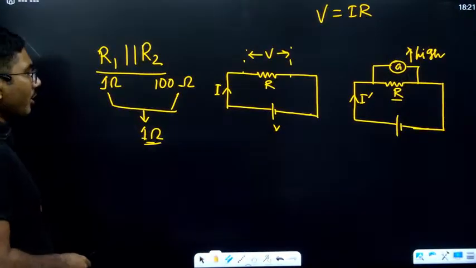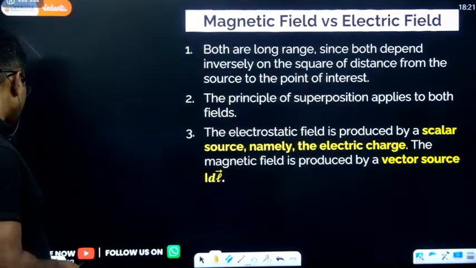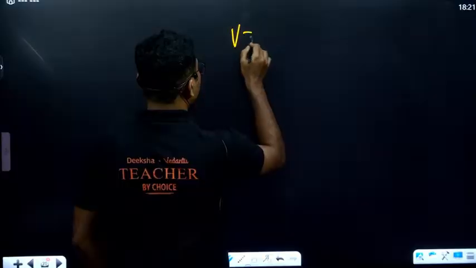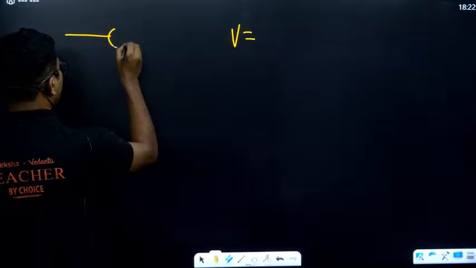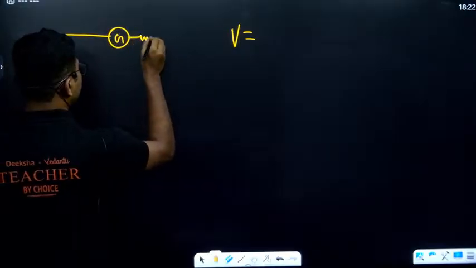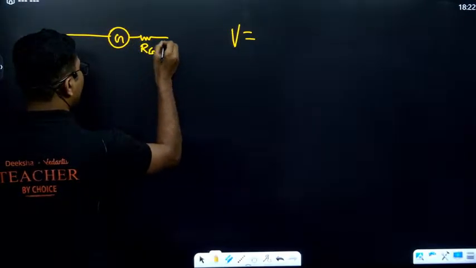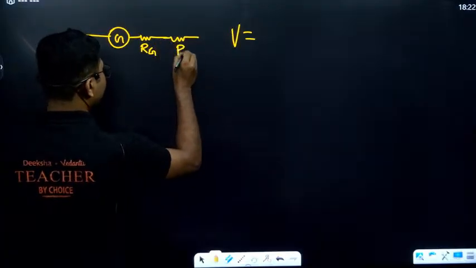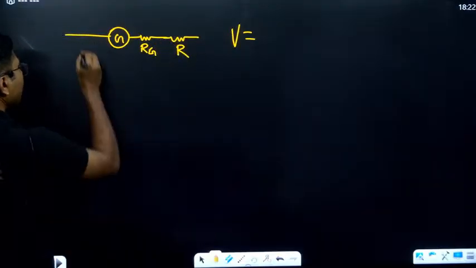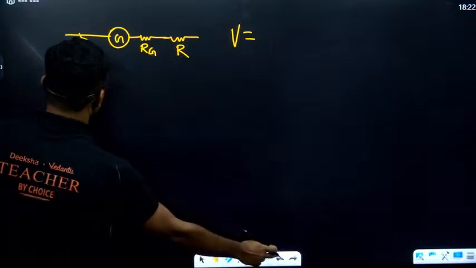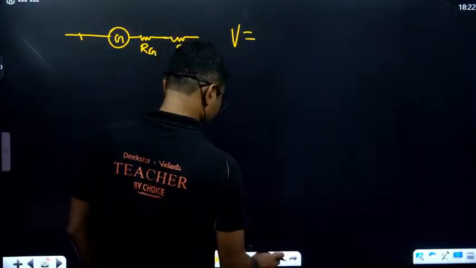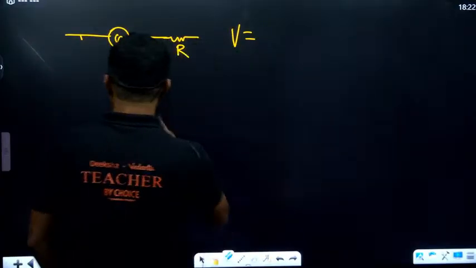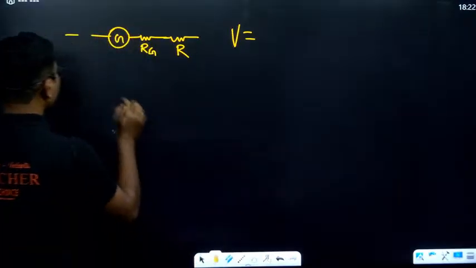Now let's move on and see what is that voltage that we are measuring. So V equals to... here we had a galvanometer with its internal resistance Rg and an external high value resistance R. Now the galvanometer is saying that no matter what, I will not allow anything other than my capacity.